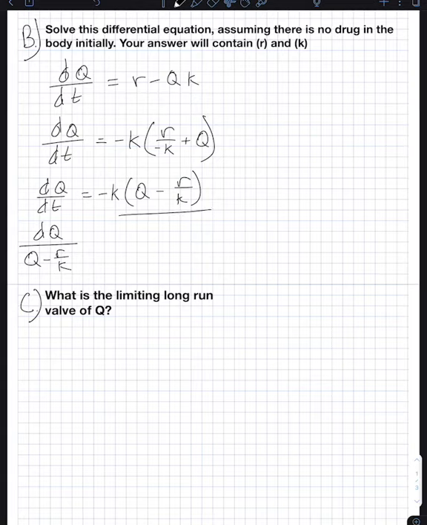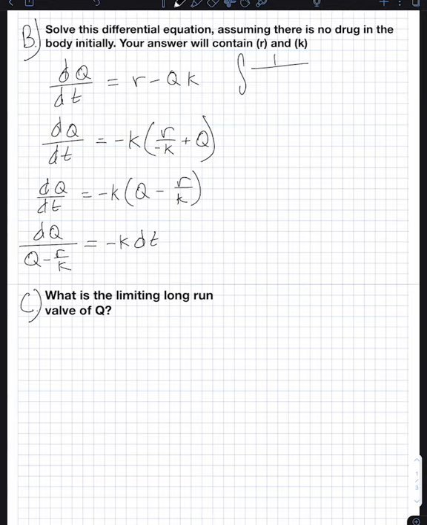So we have our dt on the other side. After that, you're about ready to take the integral on each side.